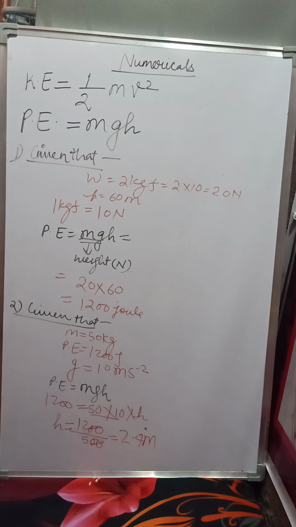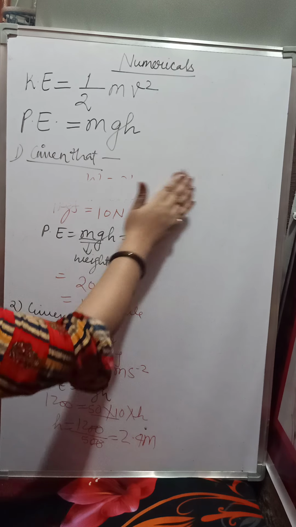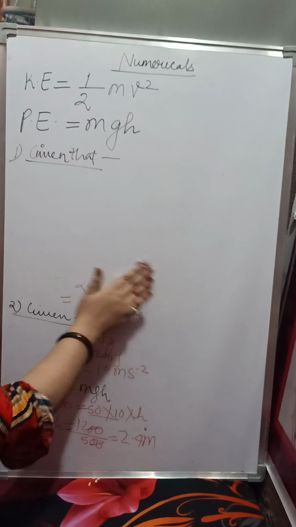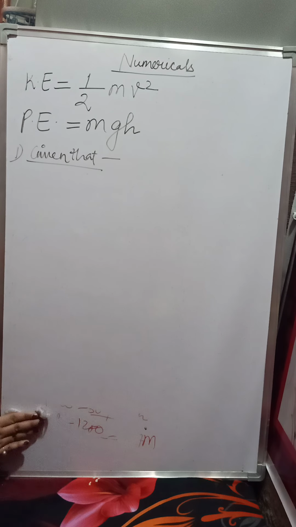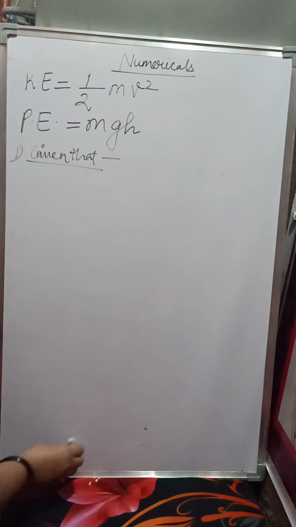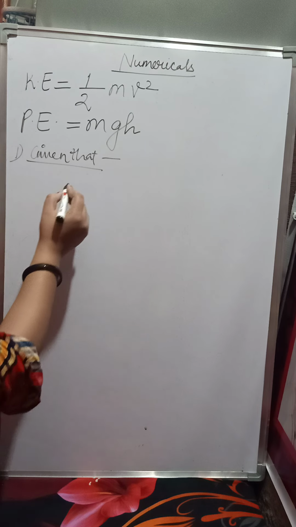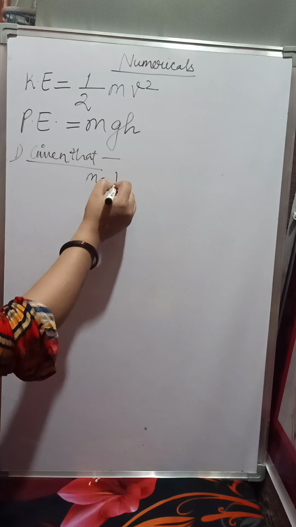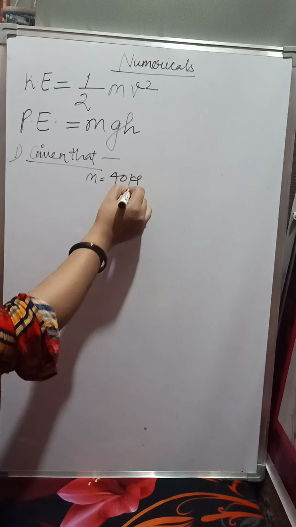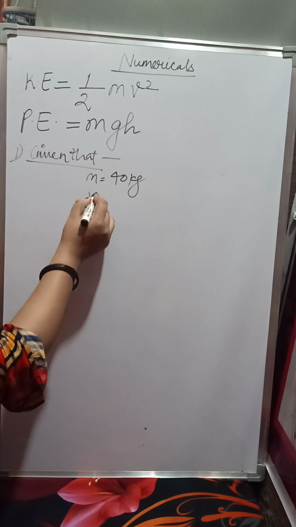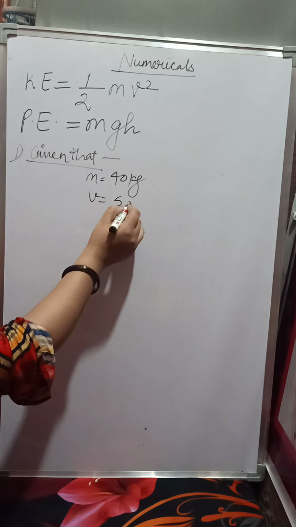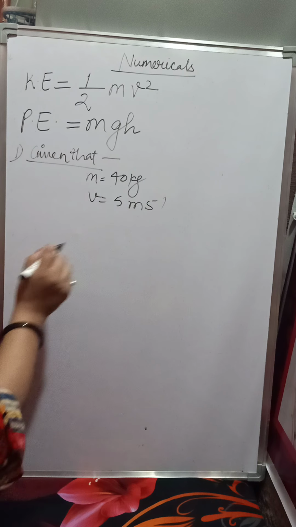The first one is, given that mass is 40 kilogram. Speed is 5 meter per second.